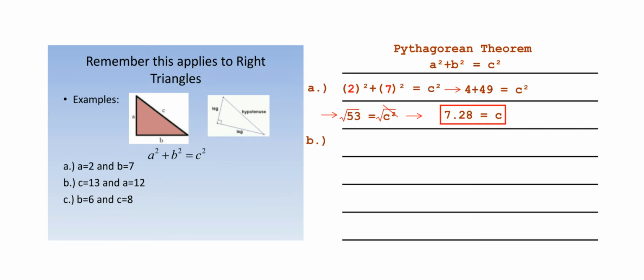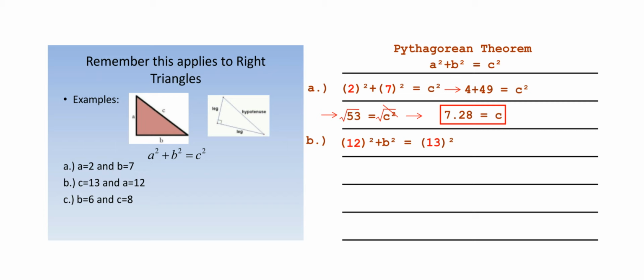B, once again, our Pythagorean theorem. In this case, we know the C value and the A value. So let's leave a blank. In our Pythagorean theorem, we have parentheses squared plus B squared equals parentheses squared. And let's place in the values. The C value is 13 and the A value is 12. So there's our A of 12 and C value of 13. And let's square them.